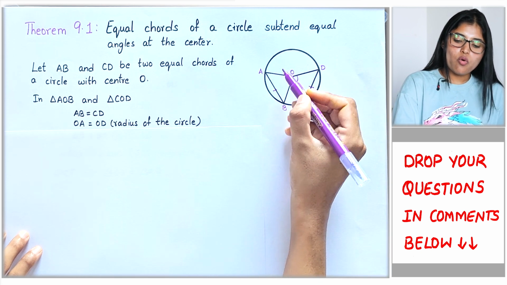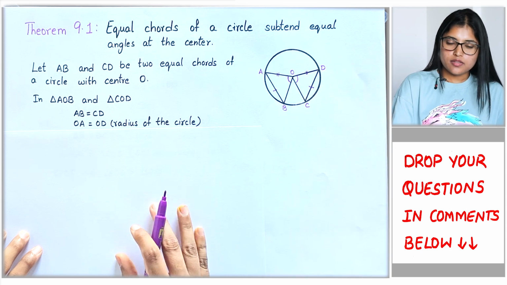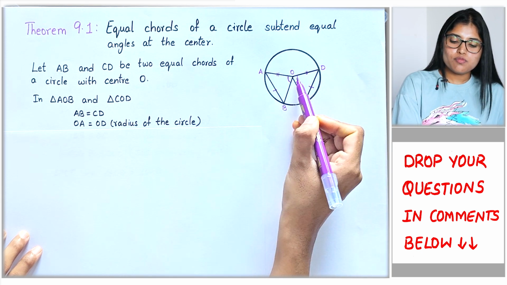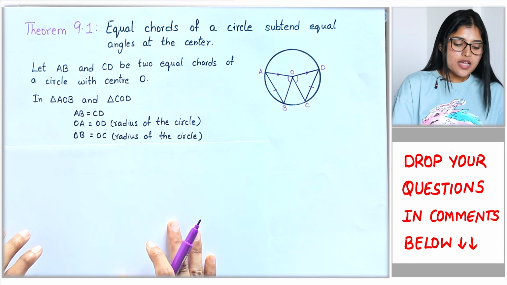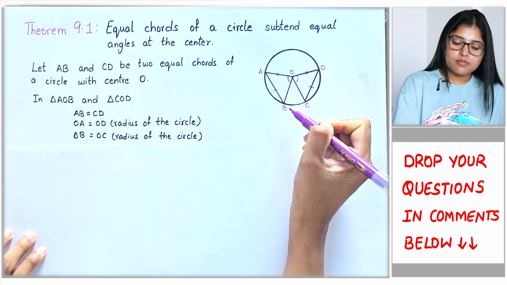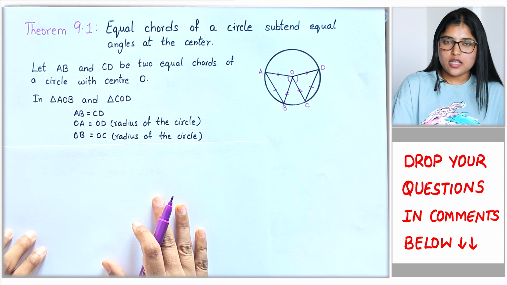Secondly, I know that OA is equal to OD because it's the radius of the circle, from the center to the edge, both are radius of the circle. I also know that OB equals OC. Similarly, from the center of the circle, OB and OC will also be equal.